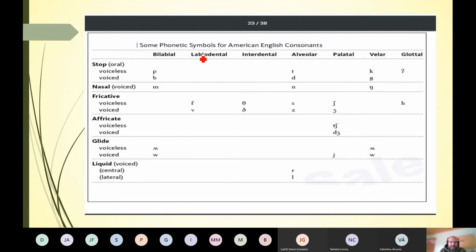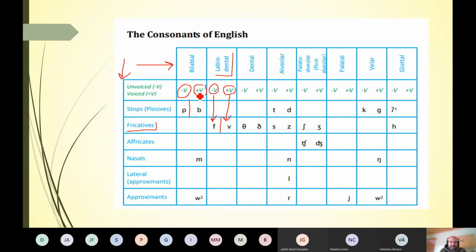And also you have the minus V, which is voiceless, and the plus V, which is voiced. So the sound on the left would be the voiceless, and the sound on the right would be the voiced. Same thing. For example, the sound F would be labiodental and fricative and voiceless. And V would be labiodental as well and fricative, but it would be voiced.